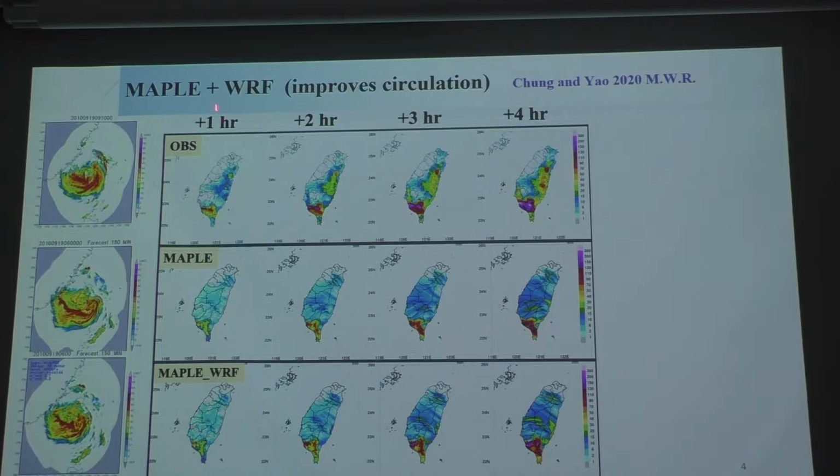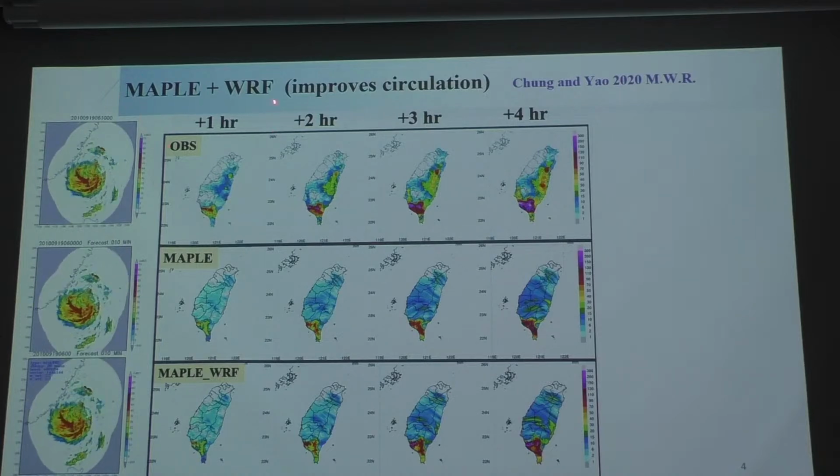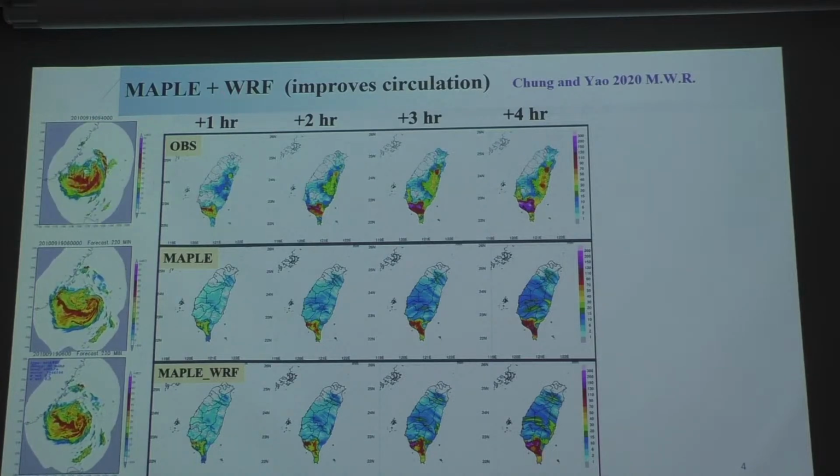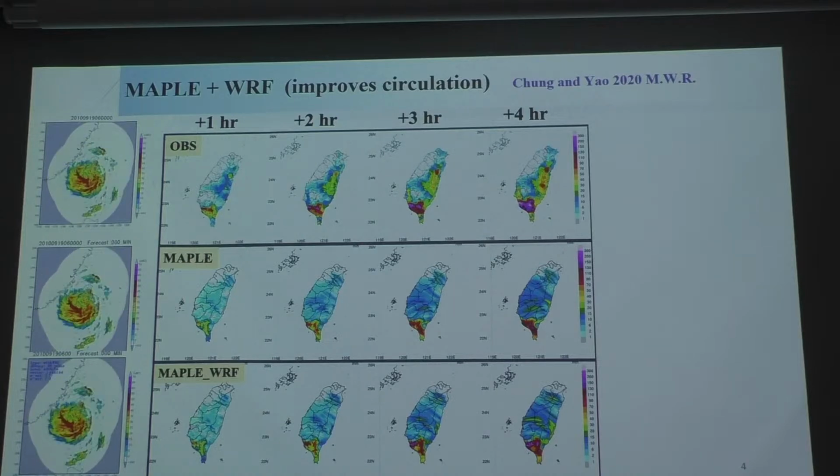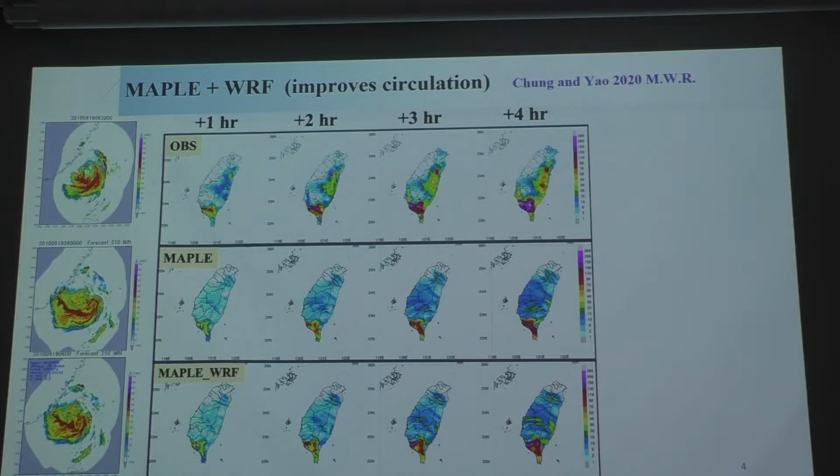So my idea is that when I combine these two systems, MAPLE plus the WRF model, I combine or hybrid the information of wind, because compared to precipitation, usually the circulation of the weather system is more reliable from a numerical model.